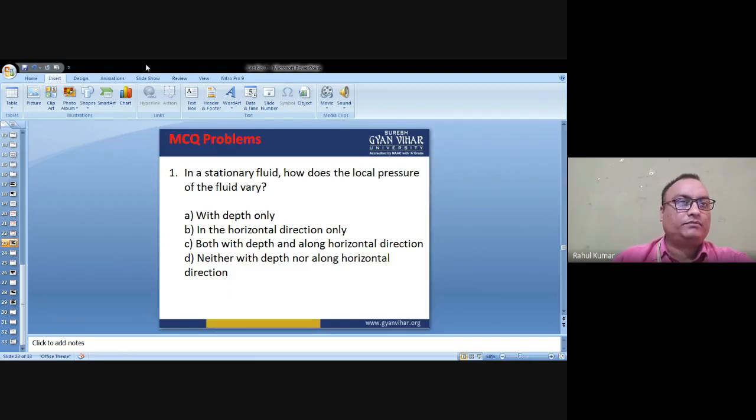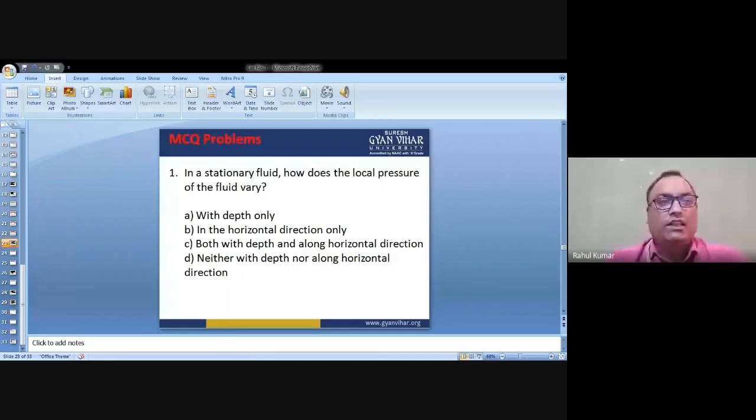MCQ. Right, so these MCQ questions are related to the pressure problem. In a stationary fluid, how does the local pressure of a fluid vary?